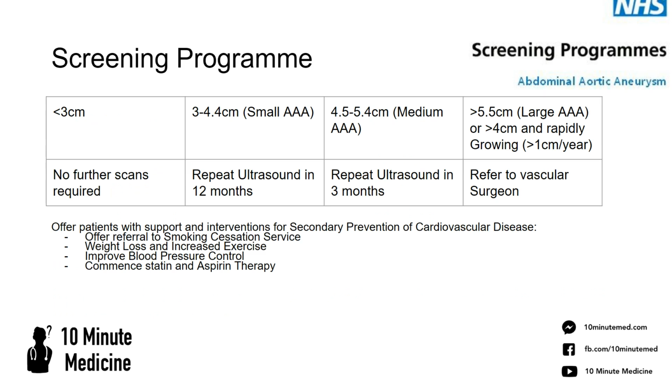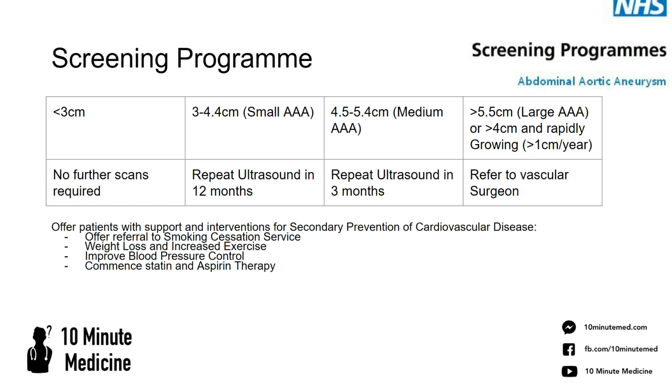In terms of the ultrasound findings and how that determines further monitoring, patients with less than 3 centimeter abdominal aorta haven't met the criteria for having a AAA, so they don't require further scans. Patients with a diameter of 3 to 4.4 centimeters have a small AAA and require ultrasounds every year.